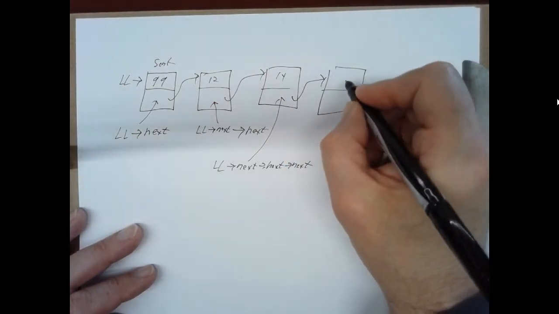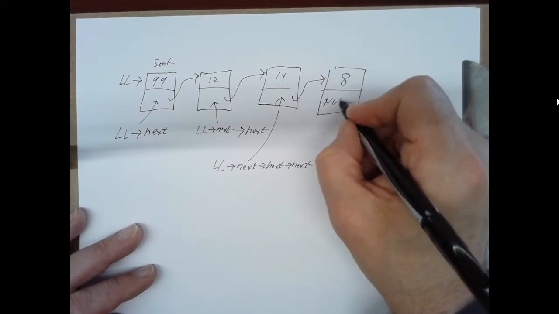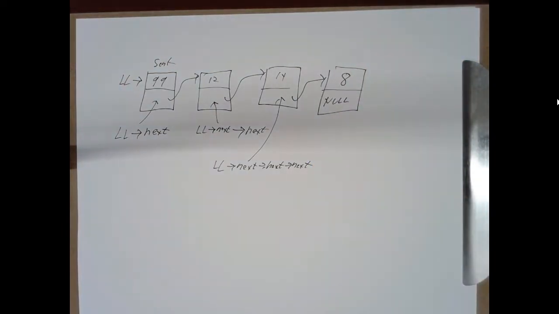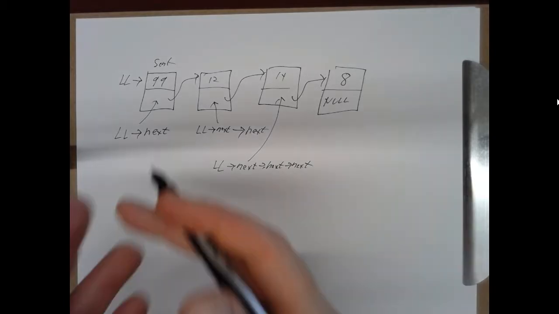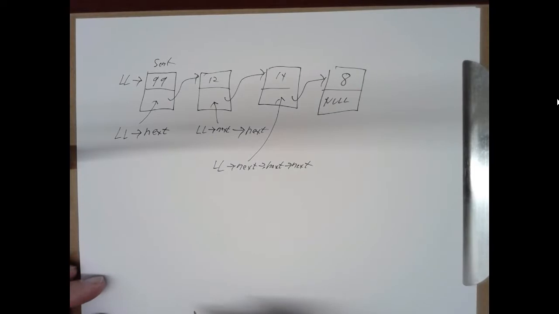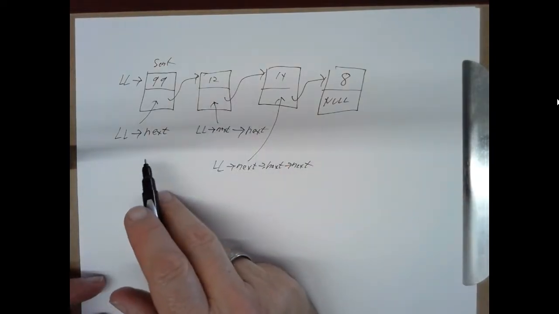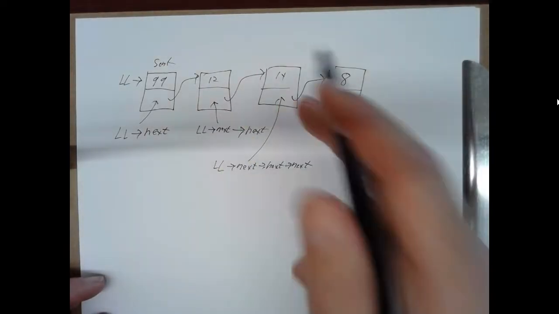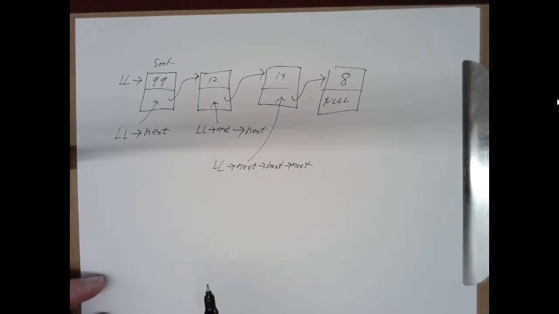And that's the address of this last node, which is null. And if you don't like working with next, next, next, you can name these things sentinel, A, B, C, or something like that. And set A equal to LL next, B equal to LL next, next, and so on. Okay, so there's different ways you can do this.